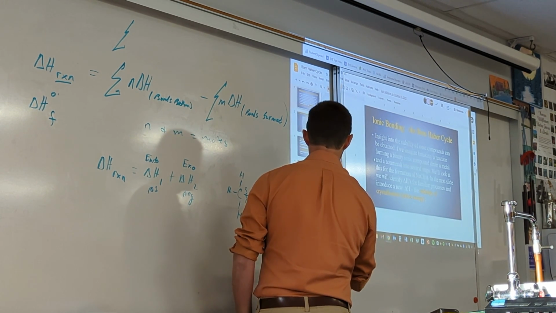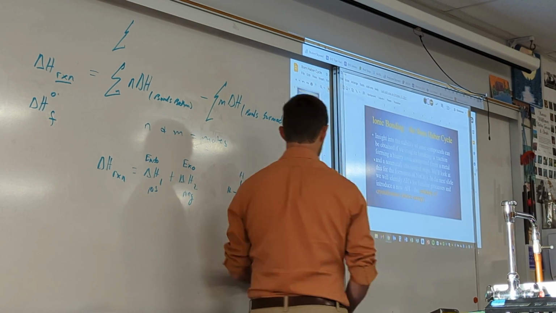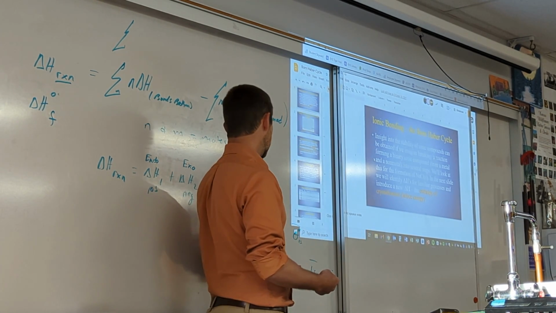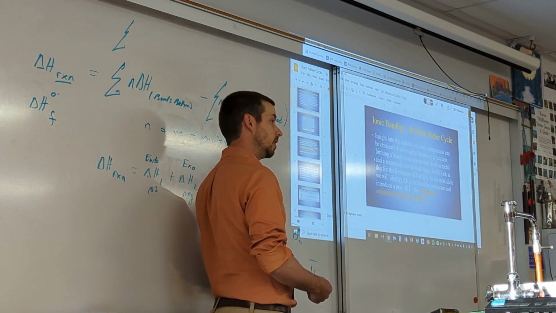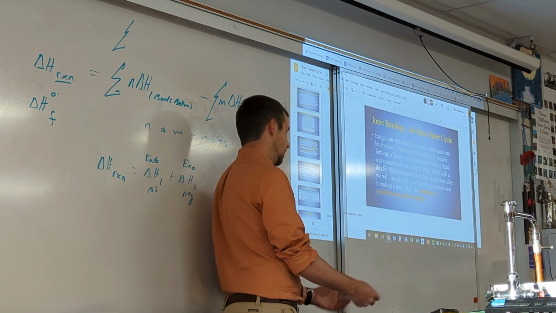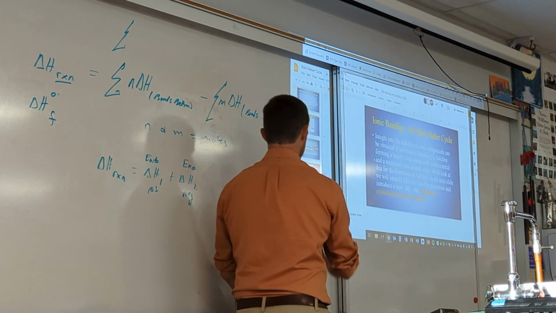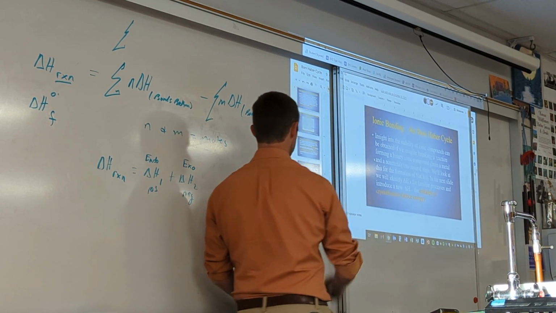If sigma 1s is lower in potential energy than either of the atomic orbitals that are not bonding, so this would be something like hydrogen binding to hydrogen.